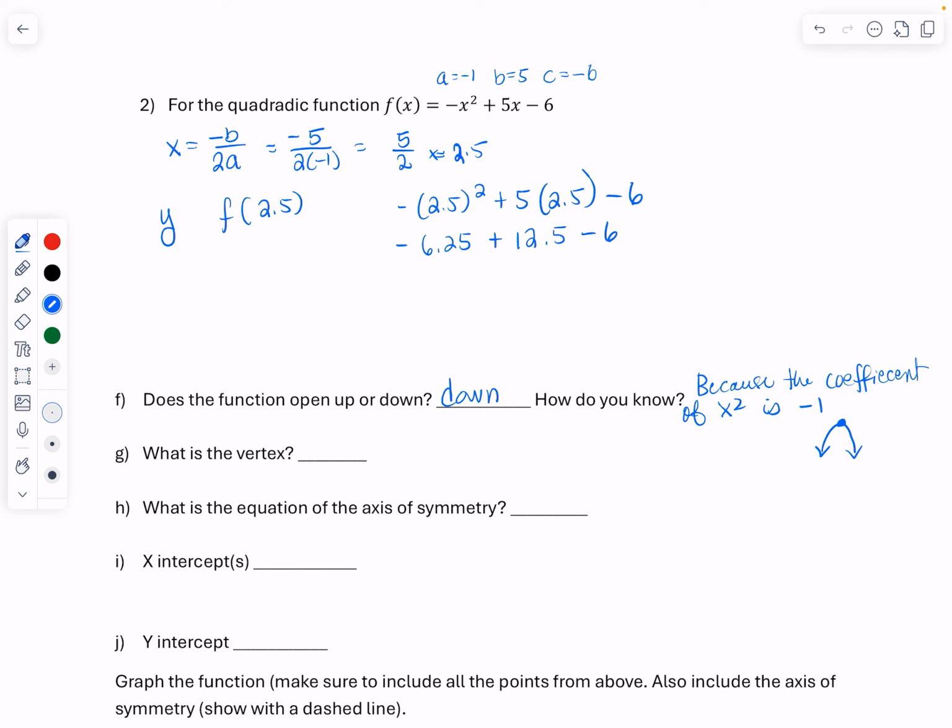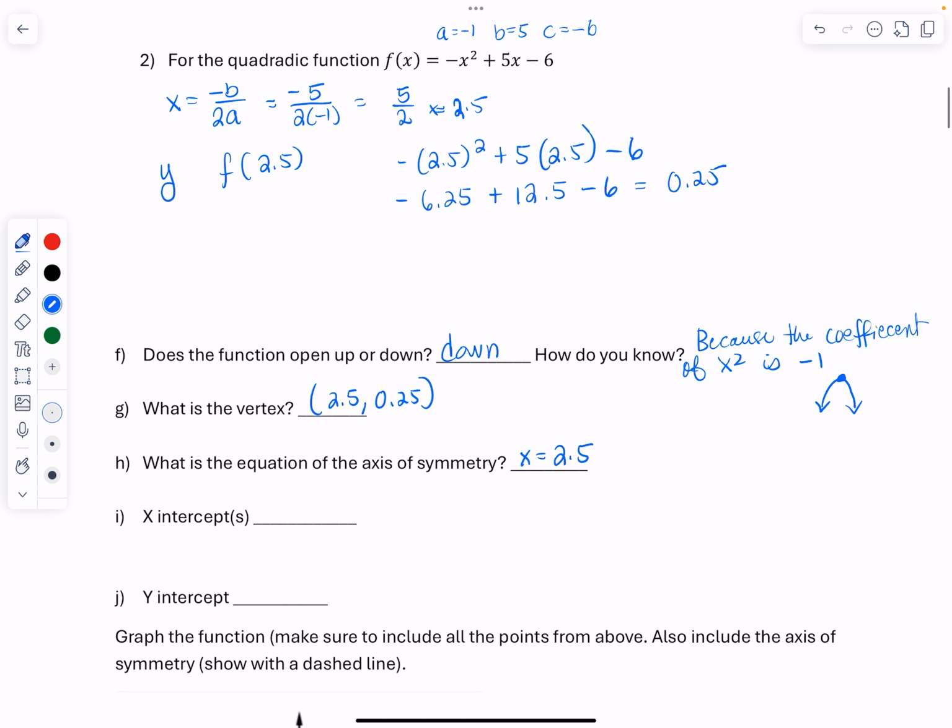So 12.5 minus 6 minus 6.25 gives me 0.25. So my coordinate point is 2.5, 0.25. What is the equation of the axis of symmetry? X equals 2.5.